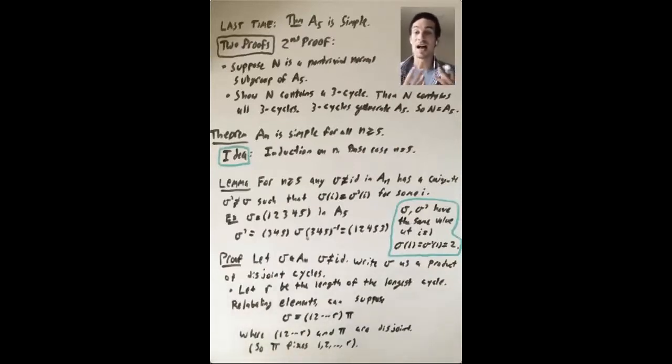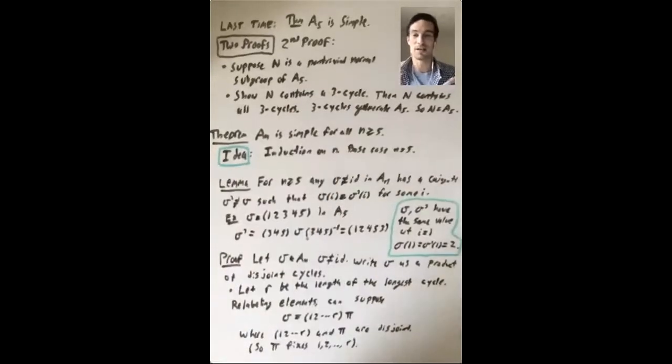So we determined the sizes of the classes and showed that if you have a union of conjugacy classes, including the identity class, there's just no way to add up the sizes of these classes to get a divisor of the size of A5 unless you take the trivial subgroup or all of A5.